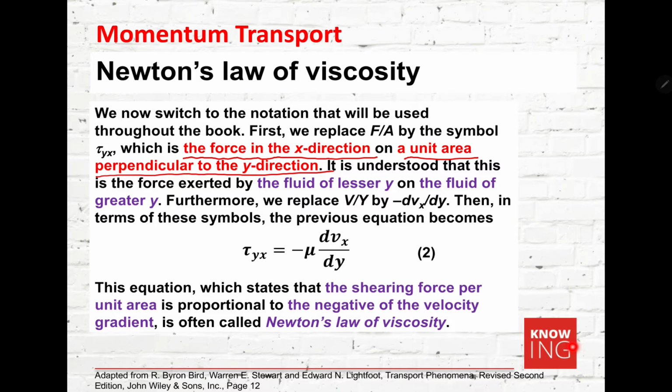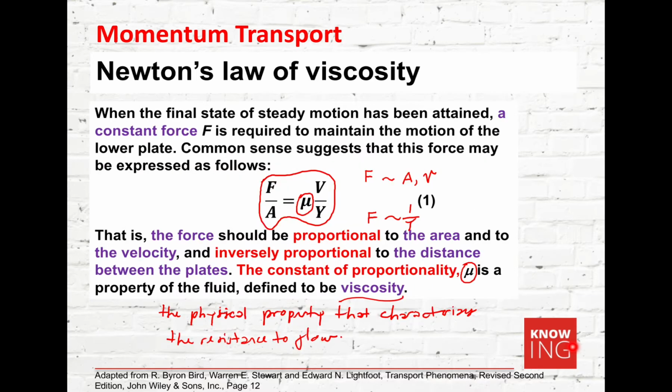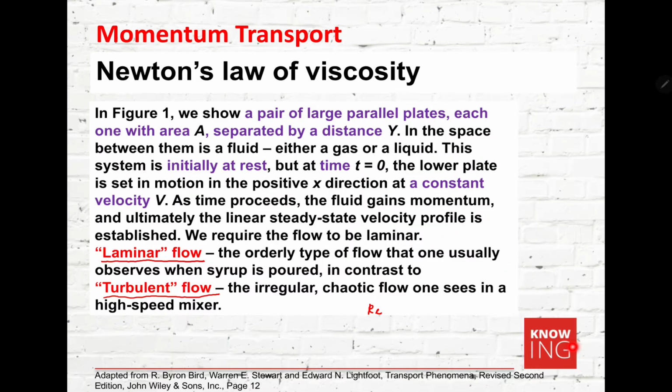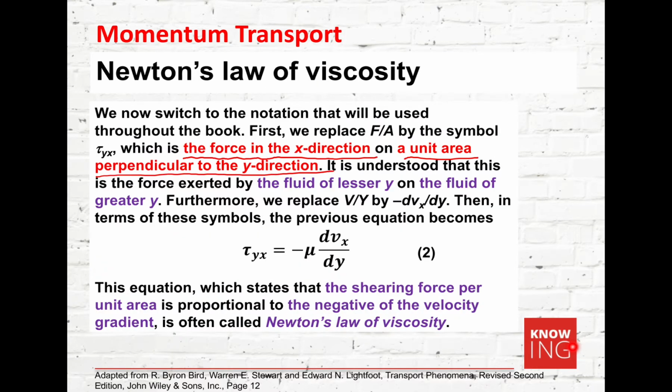It is understood that this force is exerted by the fluid of lesser y on the fluid of greater y. So the fluid of lesser y will have higher force, and it will be exerted on the fluid of greater y.